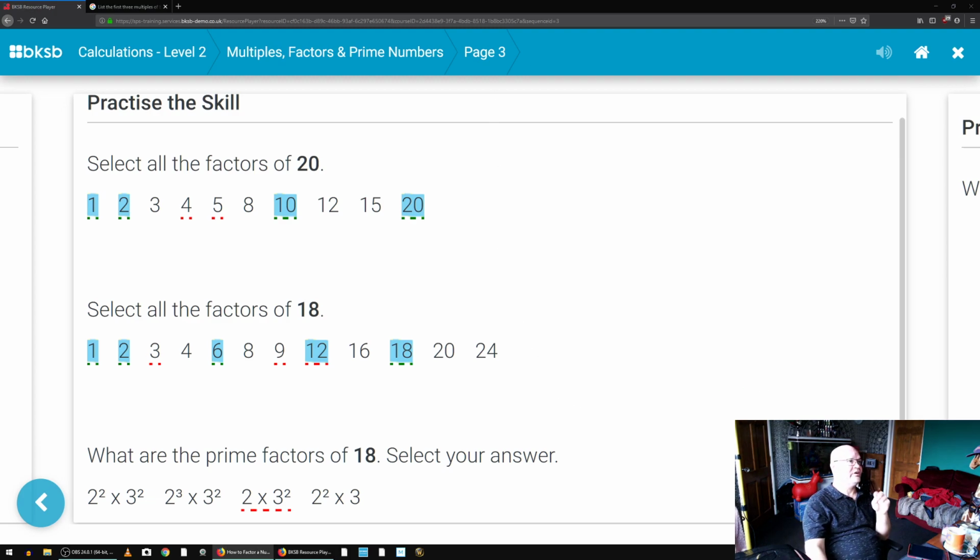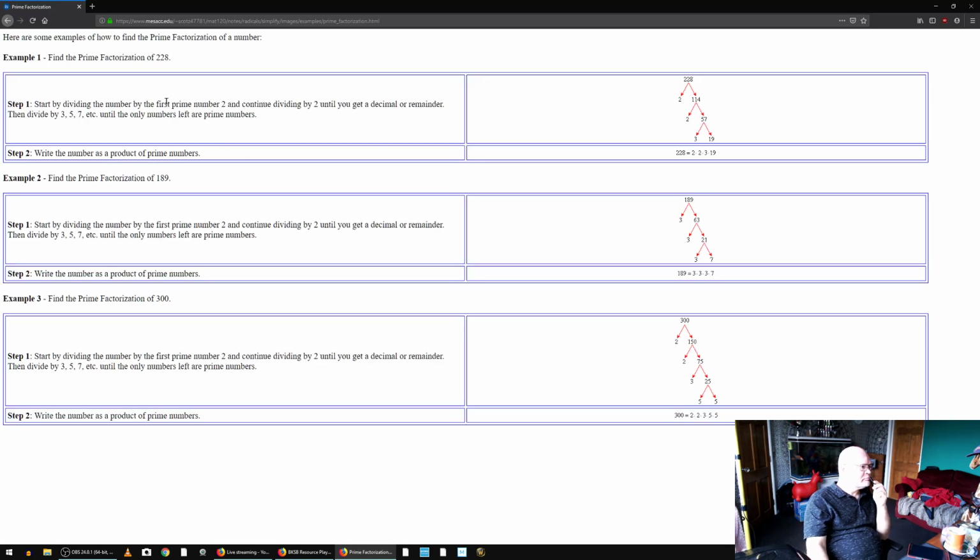So let's find out what prime factors are. Do you need to remember... start by dividing the number.